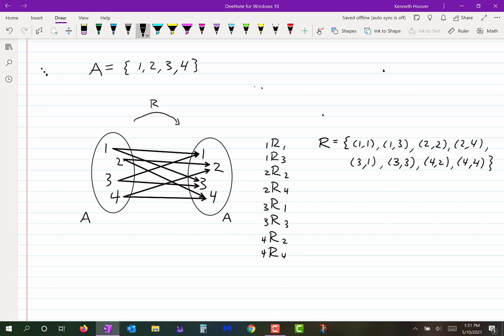Okay, so I can write a couple of things. I can say x is related to y if and only if x and y have the same parity.